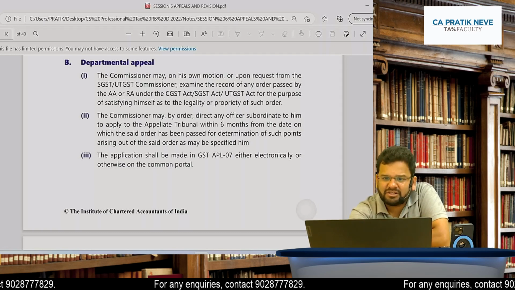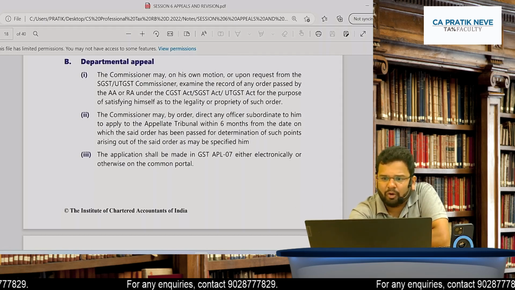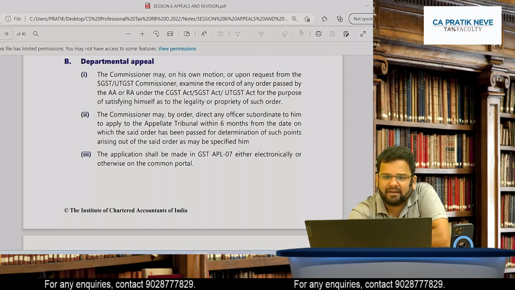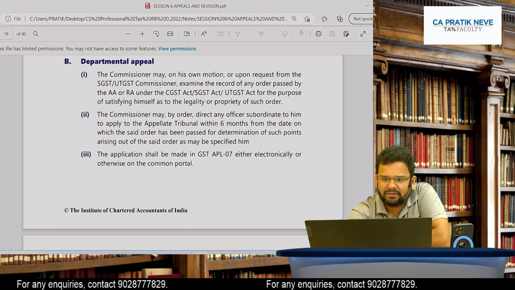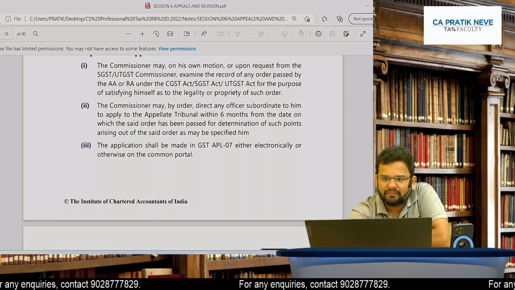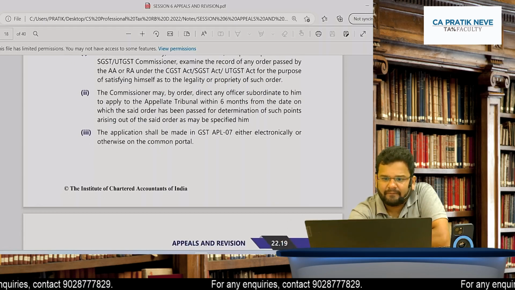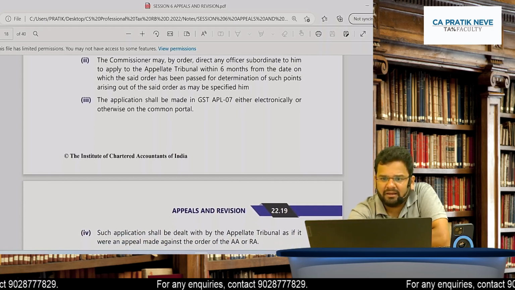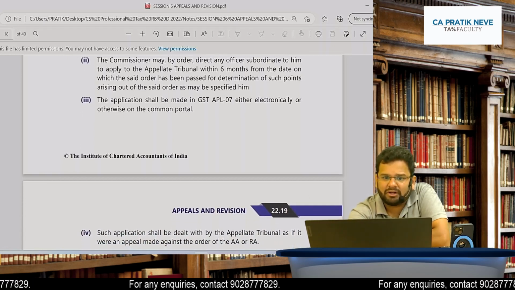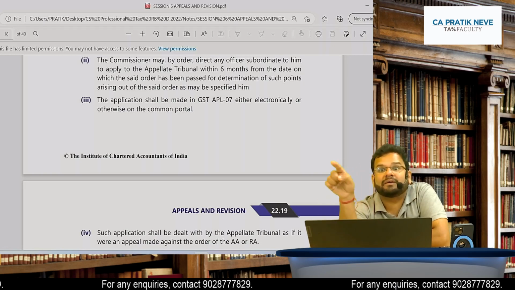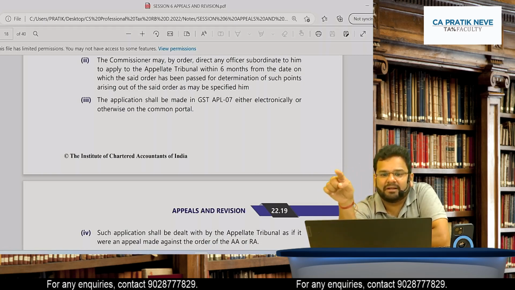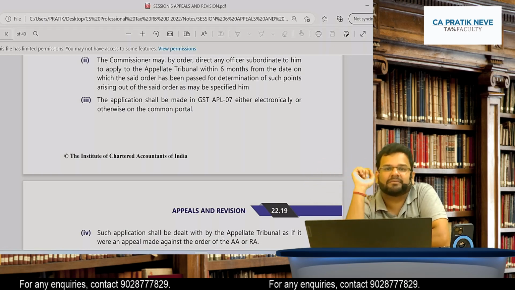The commissioner may, on his own motion or upon request from SGST, examine the record of any order passed by the appellate authority. The commissioner may direct any officer subordinate to him to apply to the appellate tribunal within 6 months from the date on which the said order has been passed.